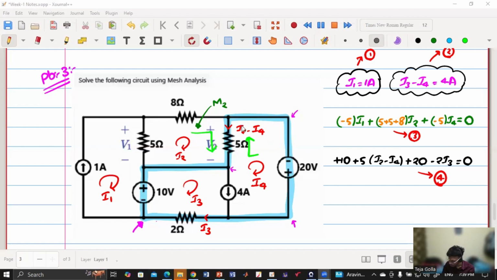Now if you see, this terminal is X and this terminal is Y. Is Y at a higher potential or X at a higher potential? Y. So now when I'm going from X to Y, I will gain potential, right? So plus 5 into the current that is flowing. Got it?